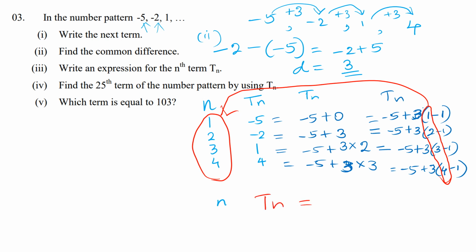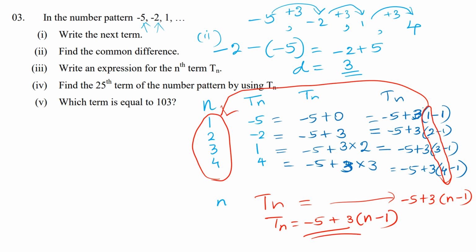You can write Tn equals minus 5 plus 3 into n minus 1. Actually, this 3 is always 3; it doesn't change. So this is the expression for the nth term.